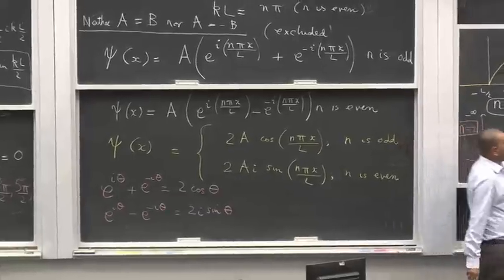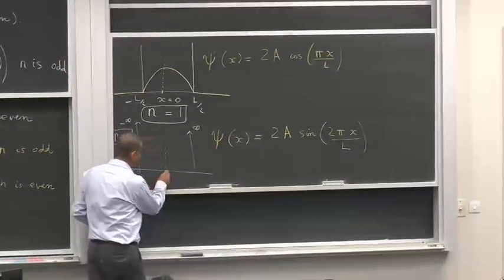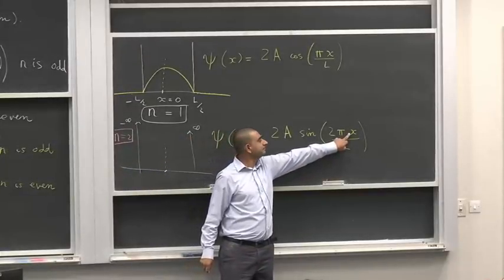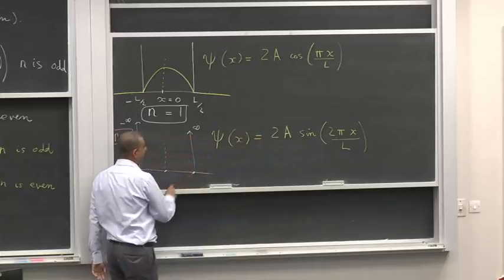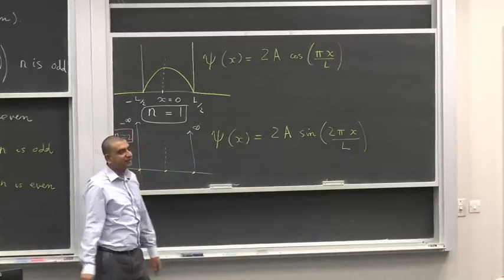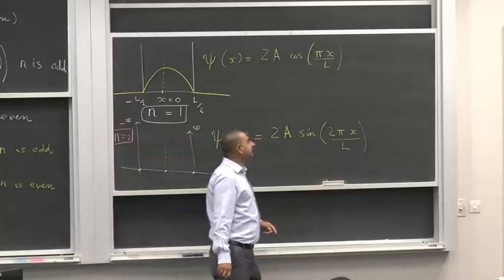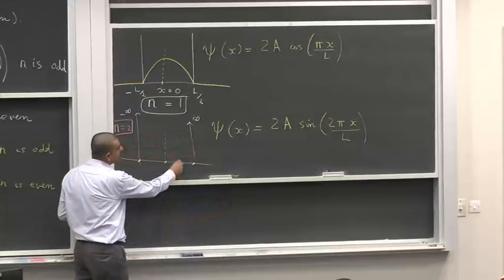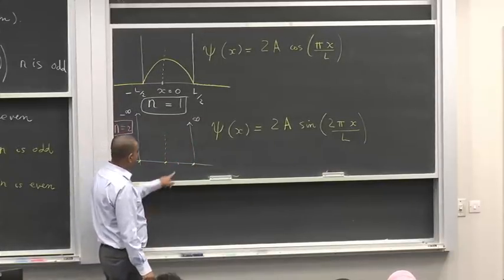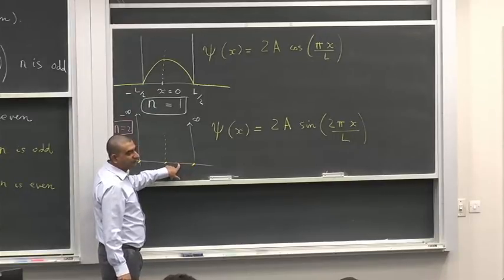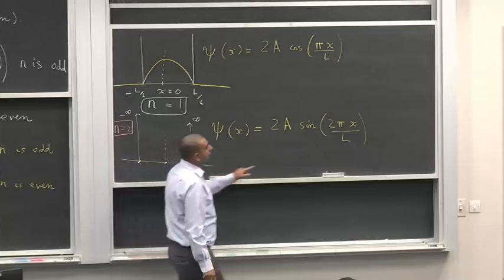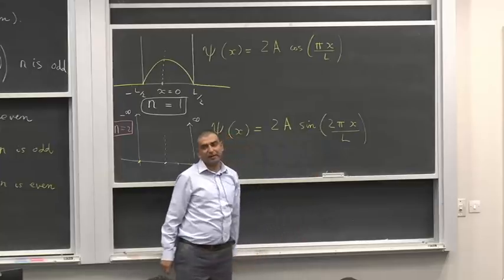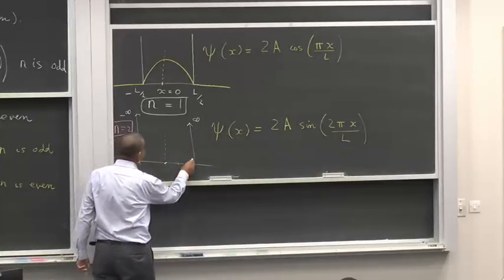When x equals 0, the function is 0. When x equals L by 2, the function is again 0. When it equals minus L by 2, the function is again 0. When x equals L by 4, this point is L by 4. This is L by 2, this is L by 4, 1/4 of L. So I put L by 4 here, this becomes pi over 2, sine of pi over 2 is 1. So I'm actually plotting a sine function here.